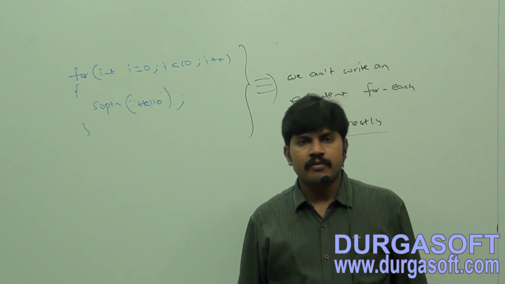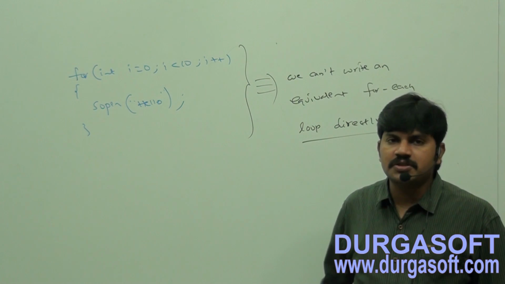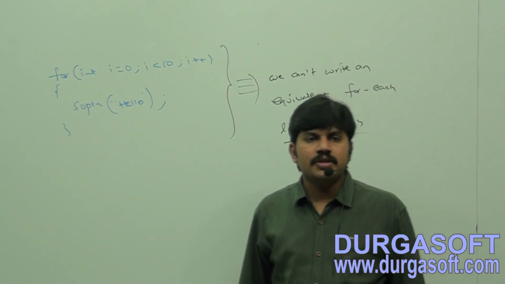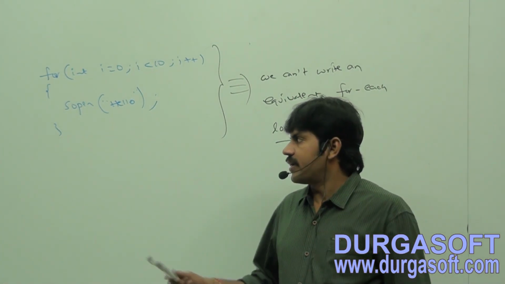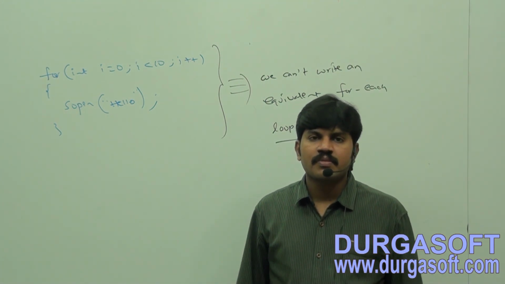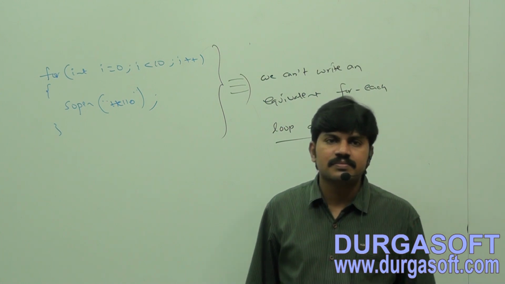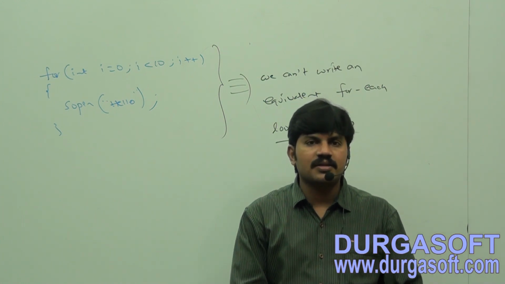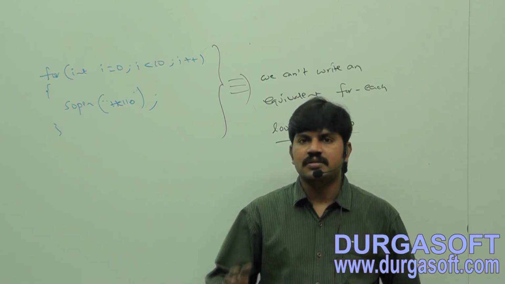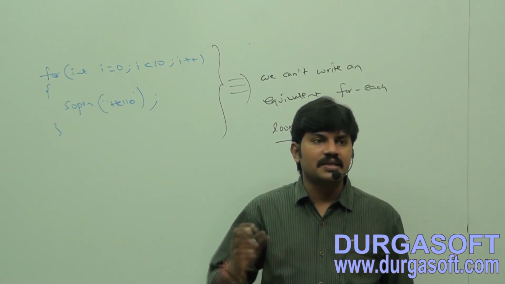For each loop is the best choice to retrieve elements of arrays and collections.